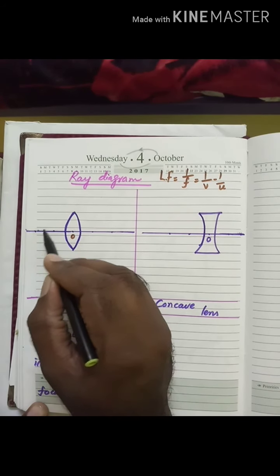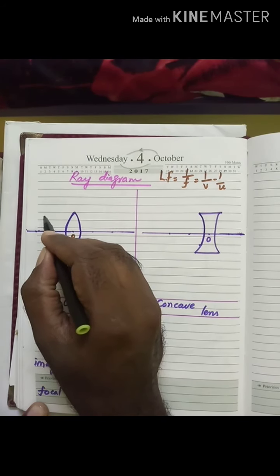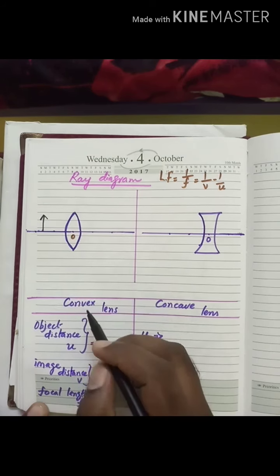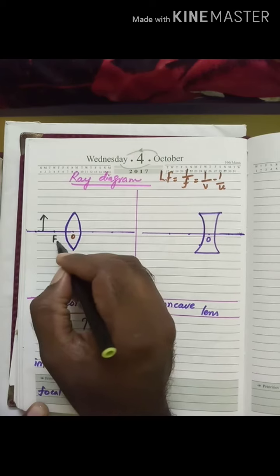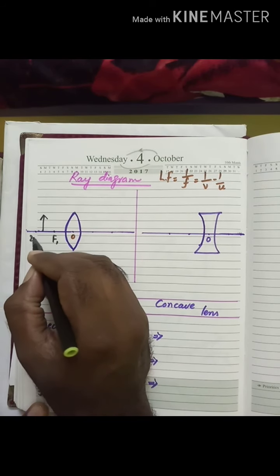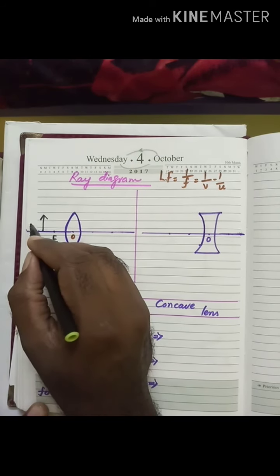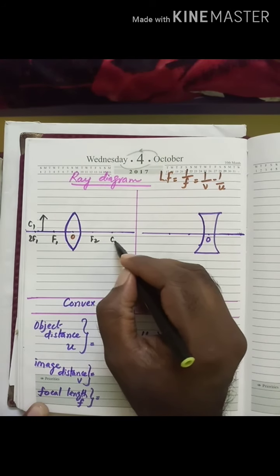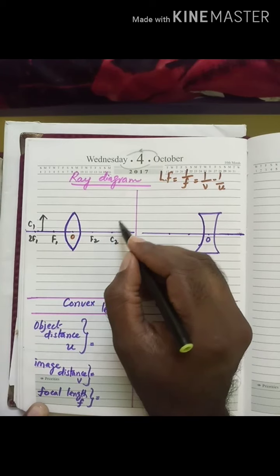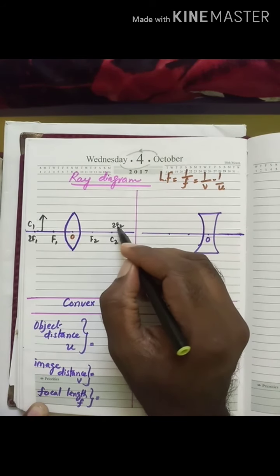See, let us imagine an object is here, where this is the optic center, this is principal focus 1 and this is the center of curvature point C1. Similarly here f2 and this will be C2, or we can call it the 2f2 position.